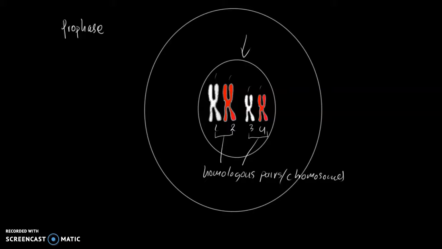So let's say this one is from mom, and this one is from dad. And this chromosome 2 here and this chromosome 3, they will be non-homologous chromosomes.